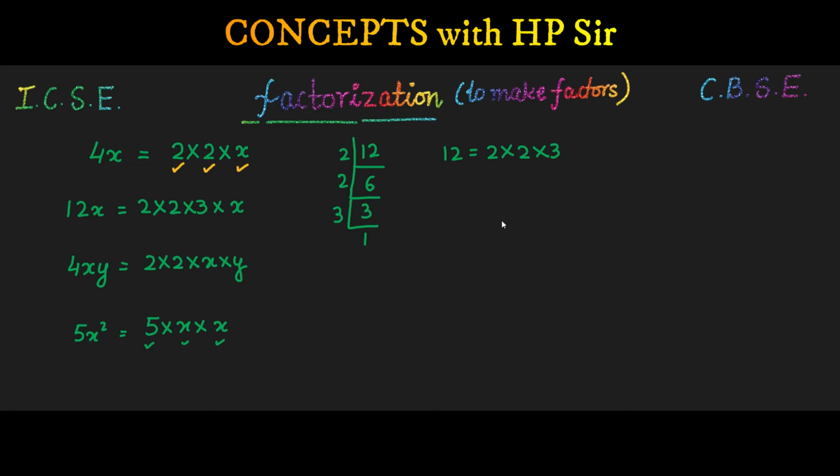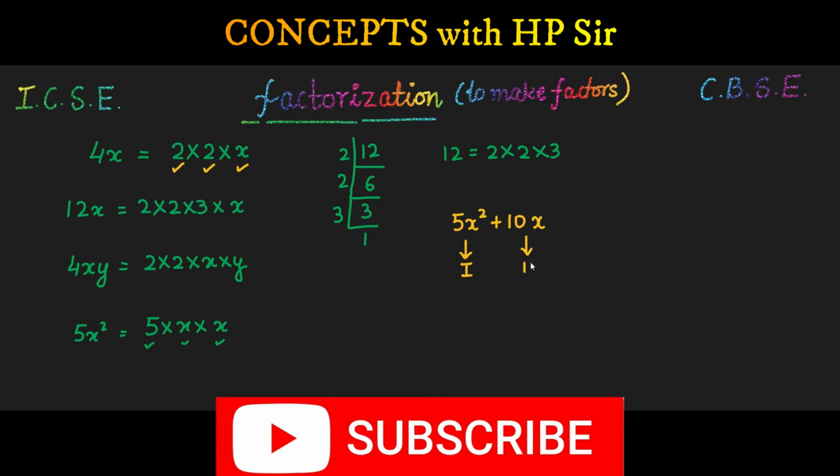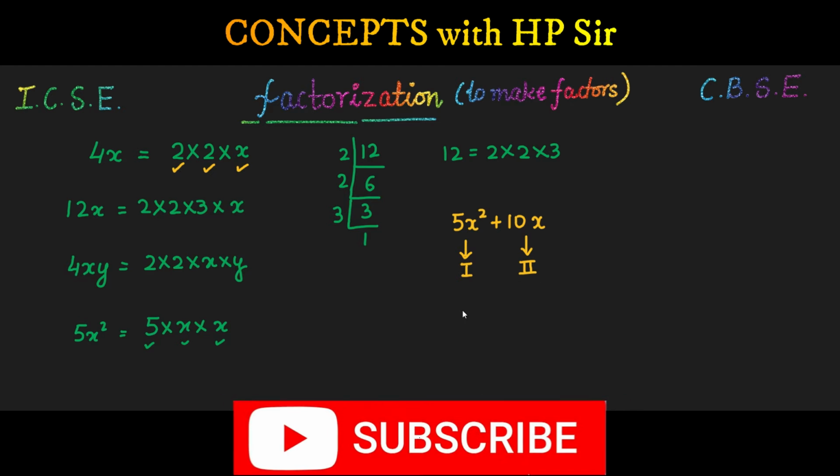Now suppose you have an algebraic expression. Let's say I have an expression 5x squared plus 10x. Now this expression contains two terms. 5x squared is the first term, 10x is the second term.